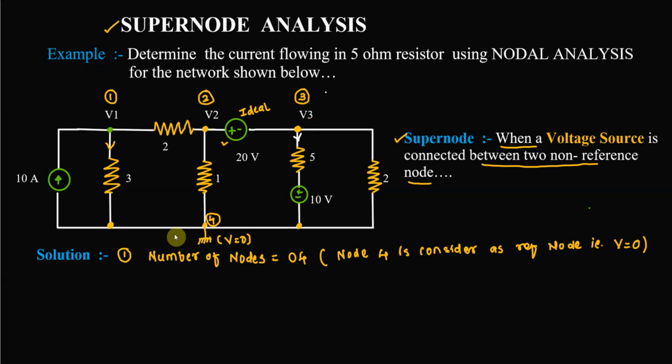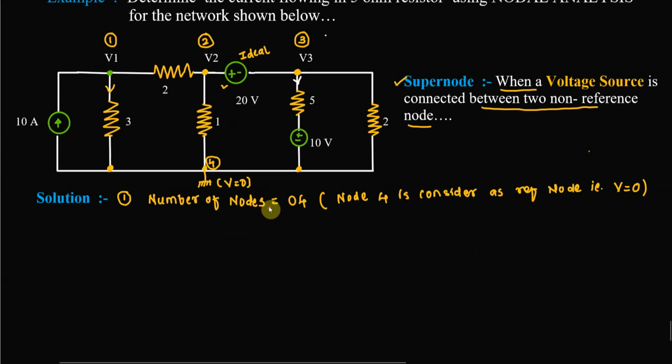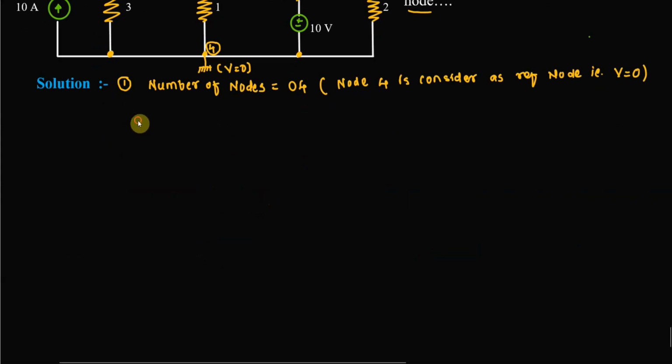The next step is to apply KCL to each node and find the equations. So we apply KCL at node 1, and we will see what we get.